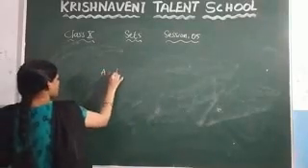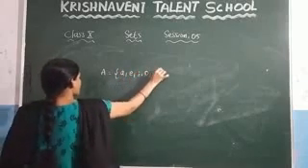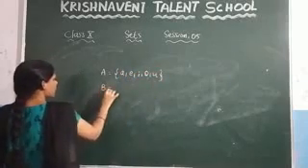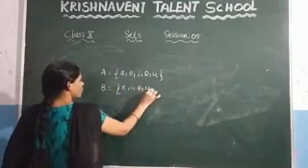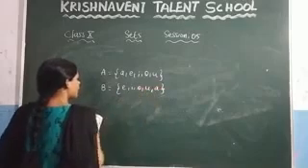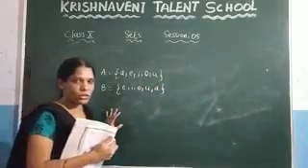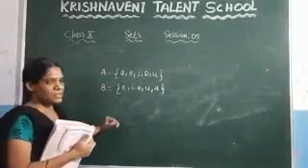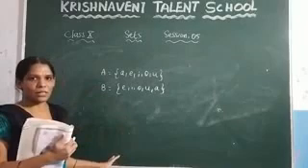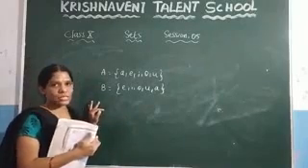A is equal to {A, E, I, O, U}, and similarly consider the set B which is {E, I, O, U, A}. You need to check whether these two sets are equal sets or not. What is meant by equal sets? The name itself says the two sets should contain equal elements. If the sets contain the equal elements, we can say that those two sets are equal sets.